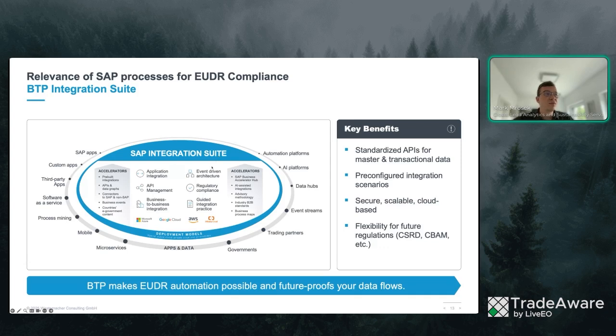It has an event-driven architecture. It can really integrate with basically any application. It has built-in APIs available, and as you can see, there are many use cases for the SAP Integration Suite, to really connect and make this accessible.